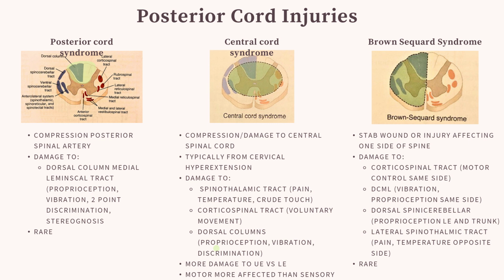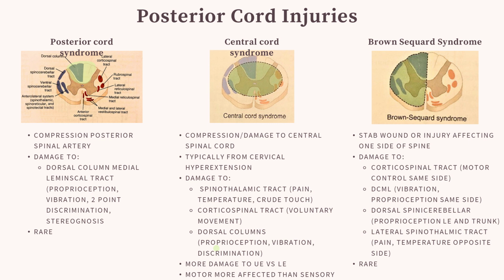And again, this is going to be proprioception, 2-point discrimination, graphesthesia, stereognosis, anything that's going to be discriminatory touch, kinesthesia, all of those types of things. Then we're also going to have damage to our dorsal spinocerebellar tract, which is going to be more of that proprioception of the lower extremities and the trunk.